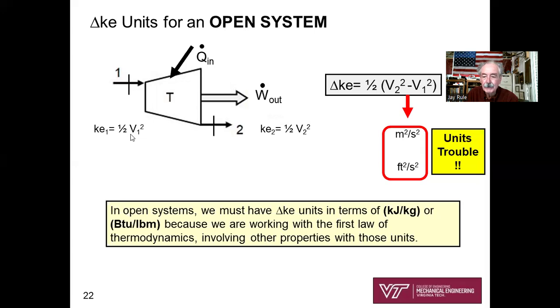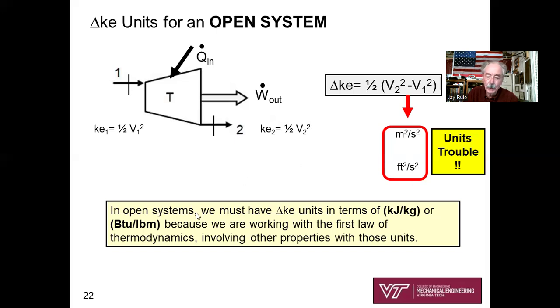The definition of the change in little kinetic energy, little ke, is 1/2 (V2 squared minus V1 squared). So just accept this as a definition. Delta ke for an open system is 1/2 (V2 squared minus V1 squared). And we've got units of meters squared per second squared or feet squared per second squared.